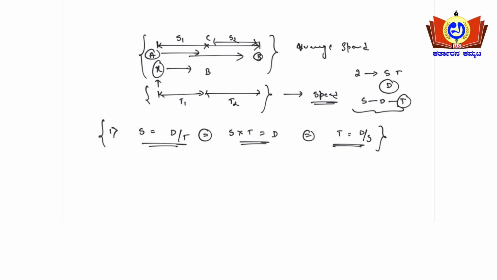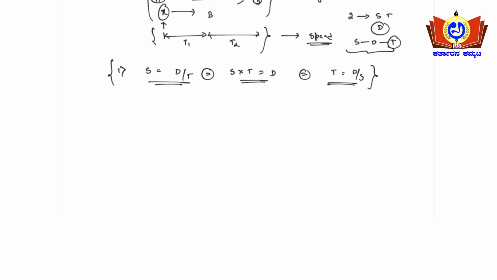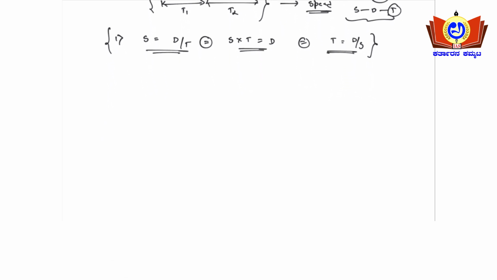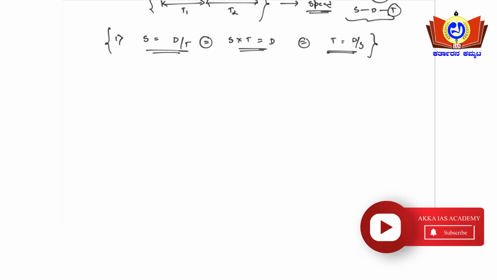Okay, now what you need to know is about when speed is constant. If two different persons are traveling at the same speed with two different distances and two different times, what is the ratio they may ask? Not the ratio of speed, but the ratio of the distance traveled or the time taken to travel, like that they will be asking here.